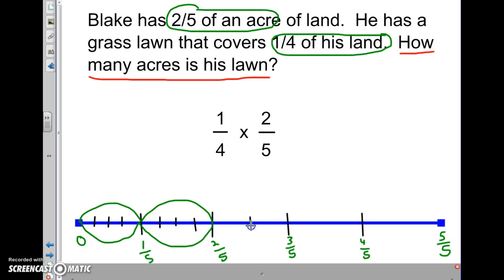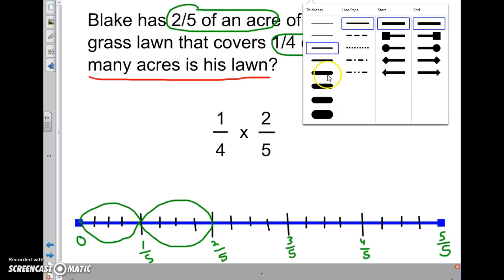Each of these fifths I'm going to break into fourths. So I'm doing 1/4 of the 2/5. Now I'm going to shade this in, in a different color, red.